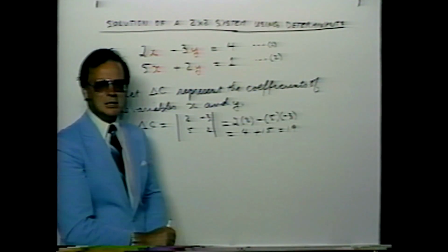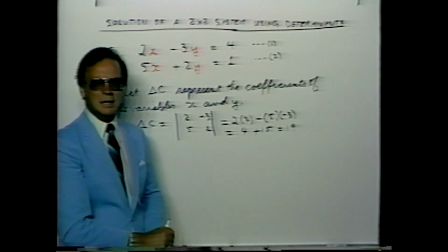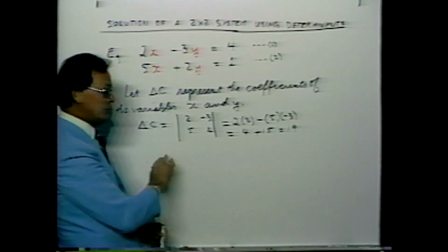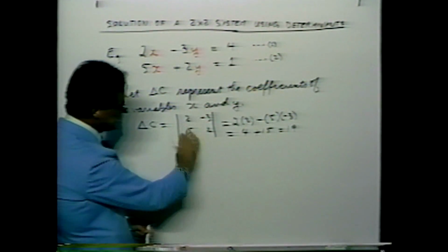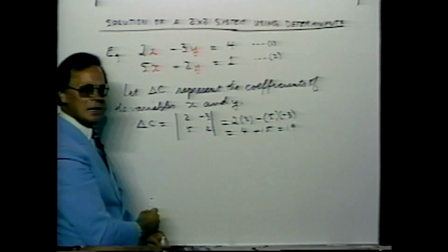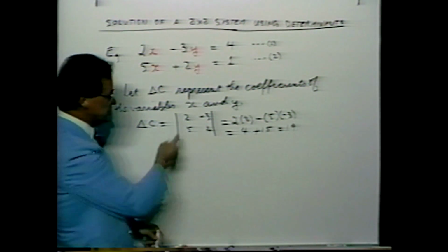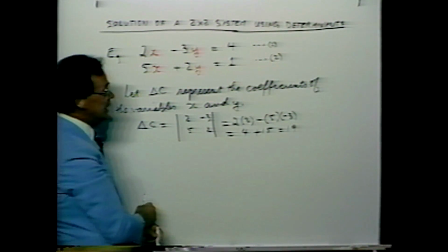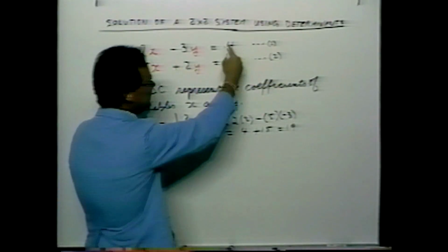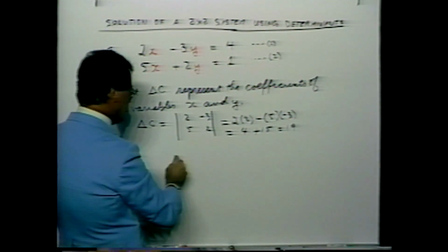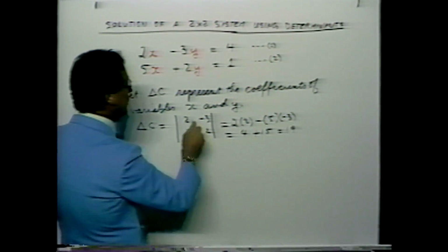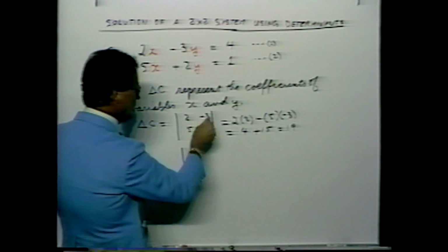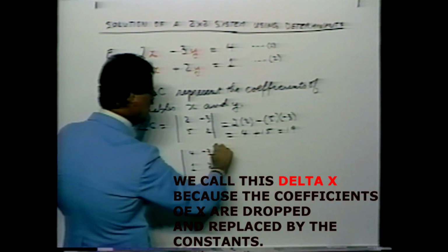take out the x column of values and replace it by the constants. It's very important that you follow this instruction, and I will repeat it. From delta C, take out the x column of numbers, which is 2 and 5. Those are the coefficients of x, and replace that column with the constants. What we have then is a square array that'll look like this. 4 will go there, and 1 there, followed by minus 3 and 2.